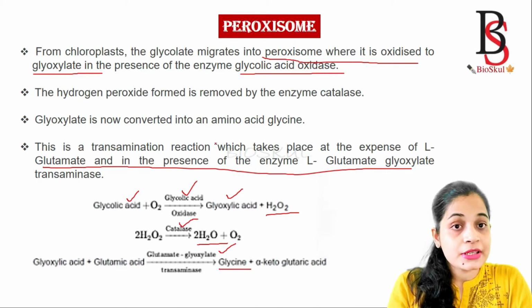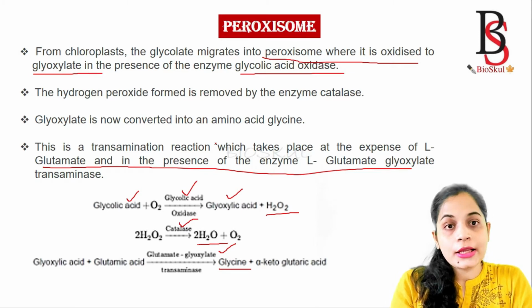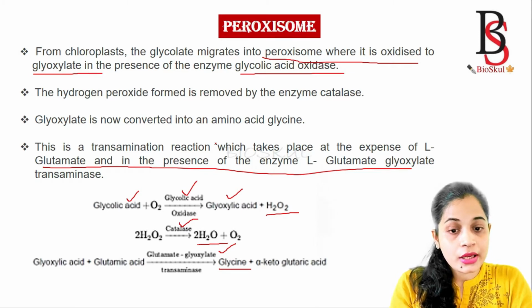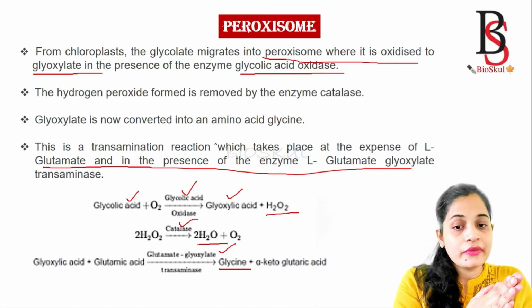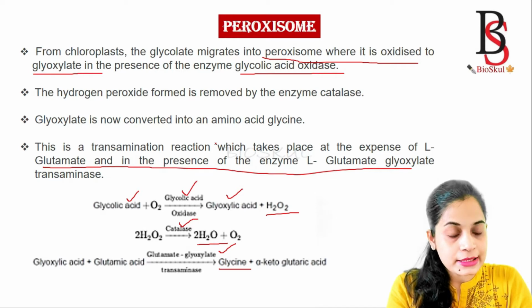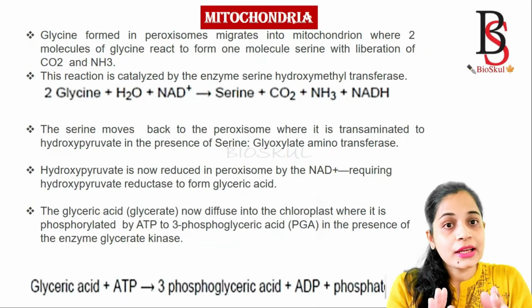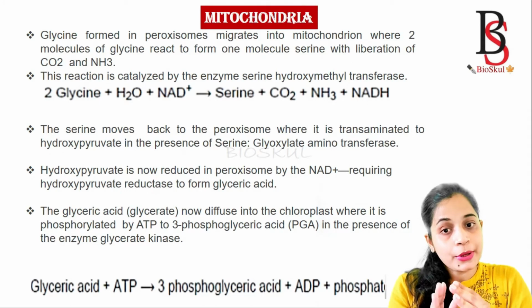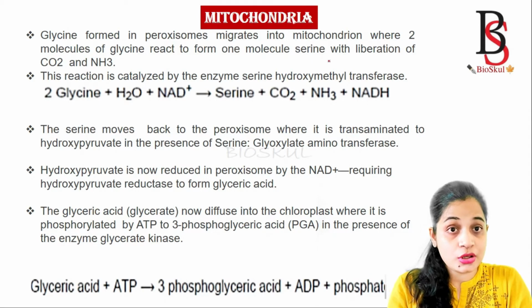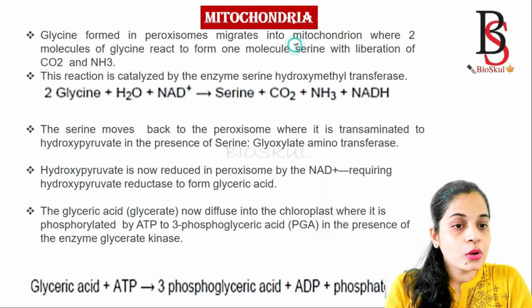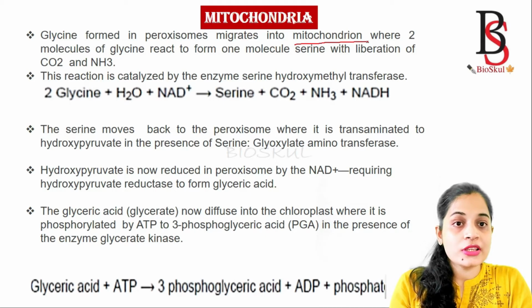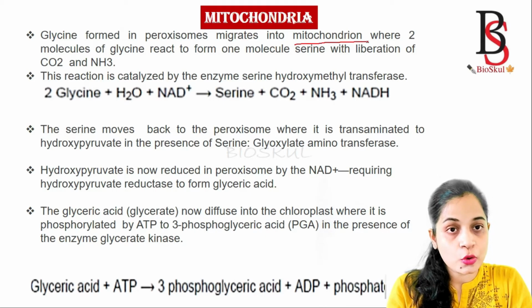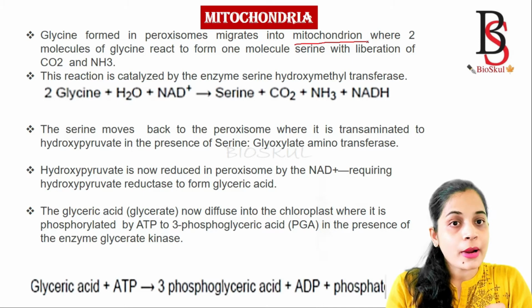So what steps take place in the peroxisome? The glycolic acid is oxidized into glyoxylic acid. Then that glyoxylic acid is converted into glycine. Now the glycine which is produced in the peroxisome migrates into the mitochondria through the amino acid translocase, which is located in the inner mitochondrial membrane.